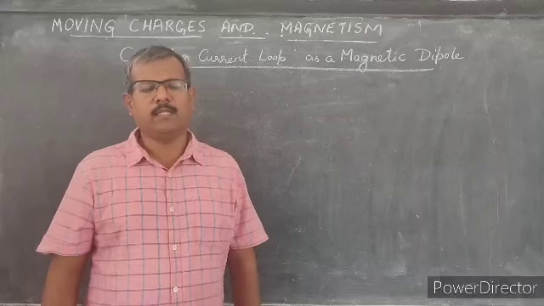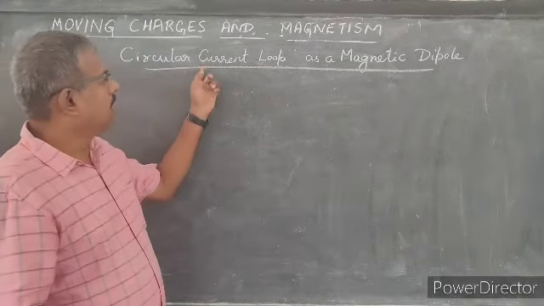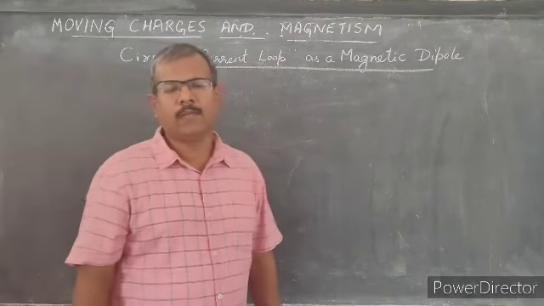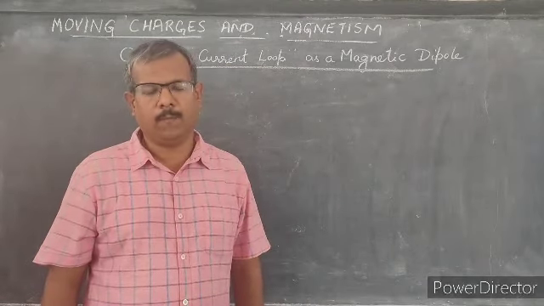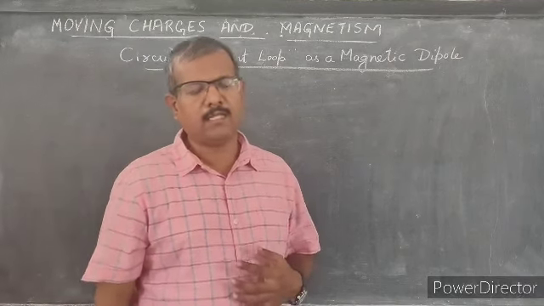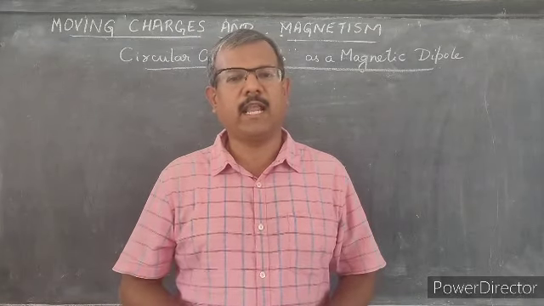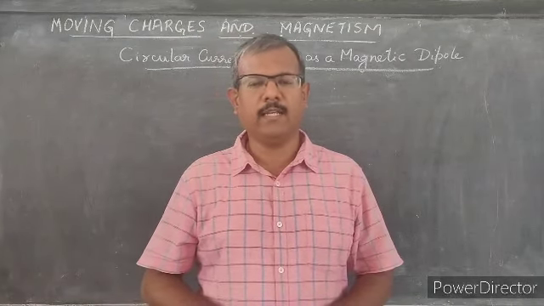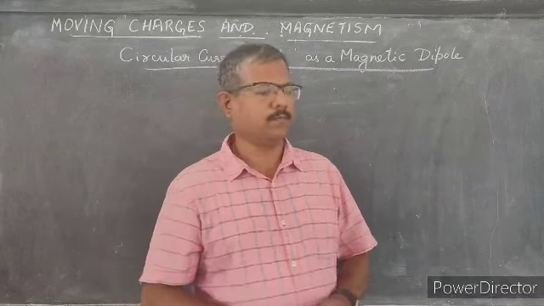So today we'll study how a circular current loop behaves as a magnetic dipole. Before we proceed, let's recall for a moment the expression we derived for the magnetic field due to a circular loop.